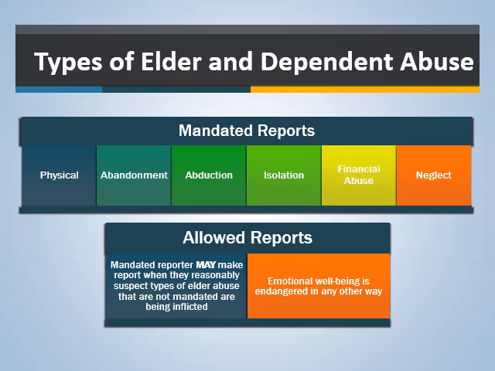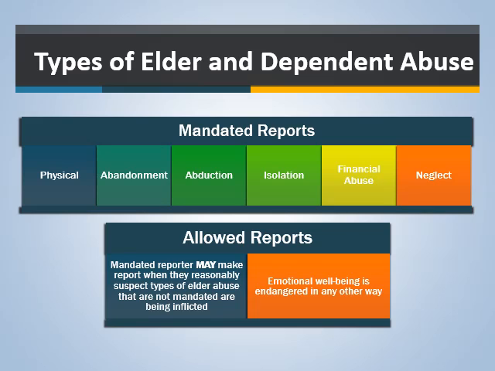Abandonment is just leaving them without care when they're not able to, when a reasonable person wouldn't leave them there. Abduction is removing them from California when they don't have the capacity to consent to that. Isolation is when you deliberately prevent them from receiving phone calls and visitors, and you isolate them from other people.